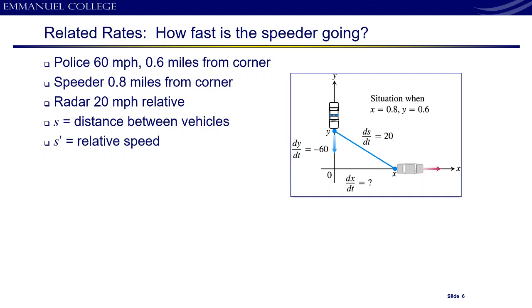So don't think that the car is going negative 60 miles per hour. The car is going 60 miles per hour. But in relation to our map, the car's Y units are decreasing.